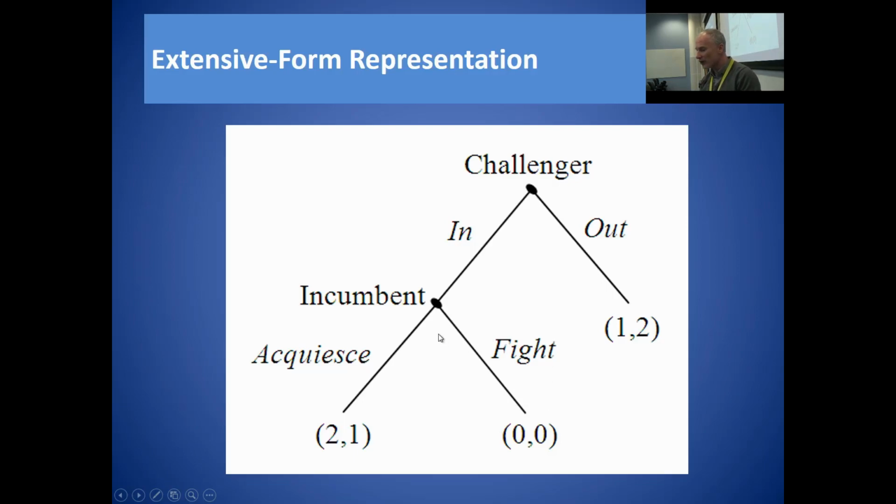Well, if it chooses to acquiesce, again the game finishes and the payoffs are 2 to the challenger and 1 to the incumbent. If, though, the incumbent firm chooses to fight, the payoffs are 0 to both of the firms. But that is where the game ends.